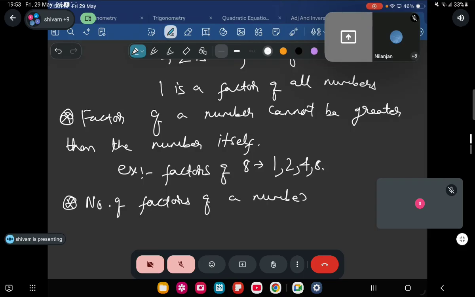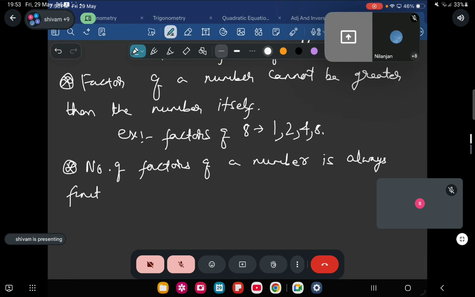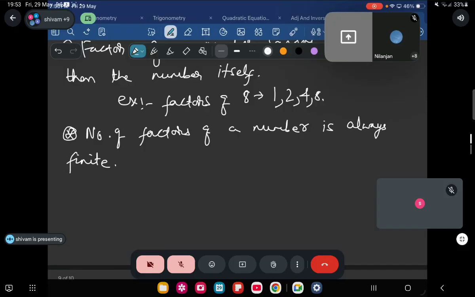Like see 8. The factors of 8 are 1, 2, 4 and 8. Can it be more than 4? Are always finite. Okay. Next. Multiples.